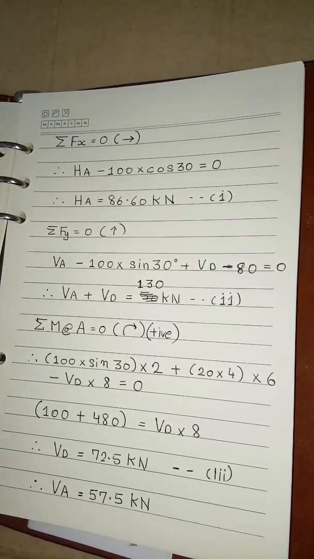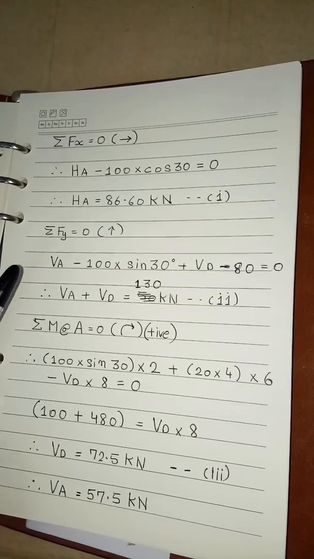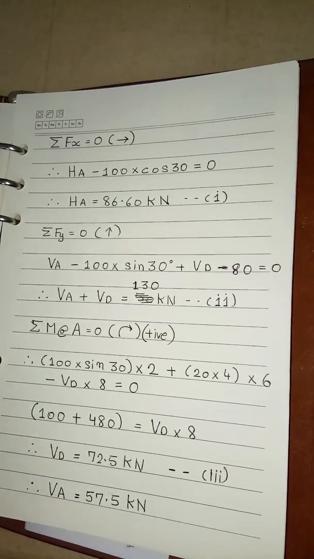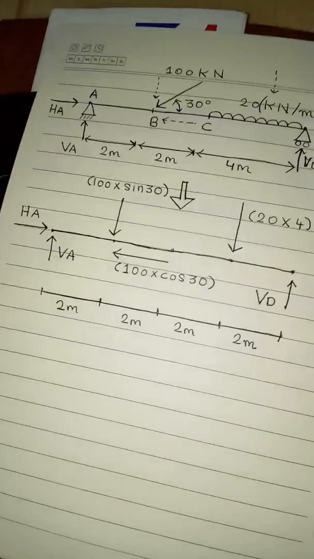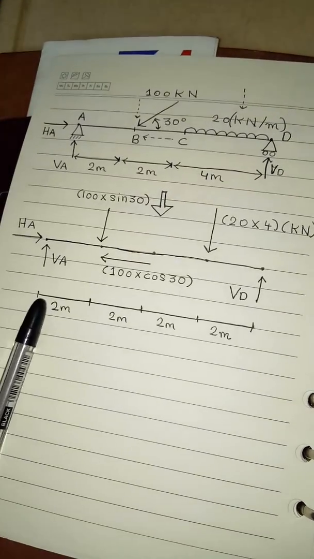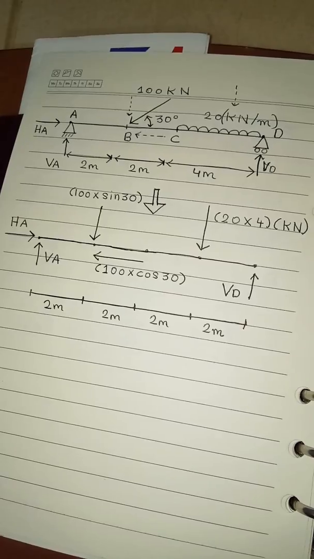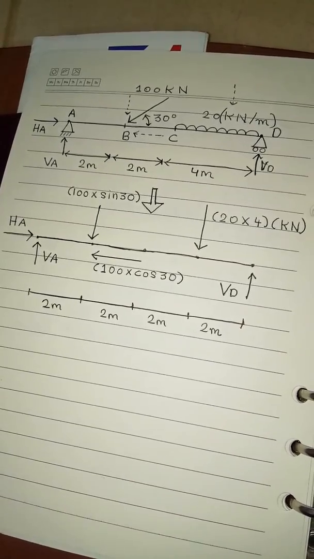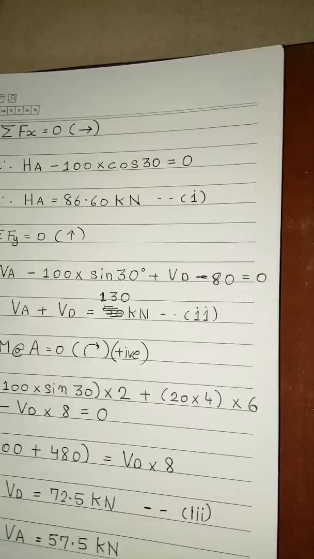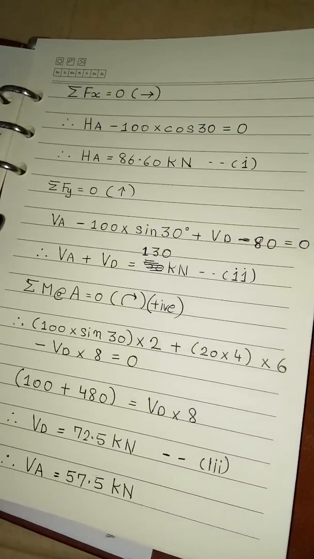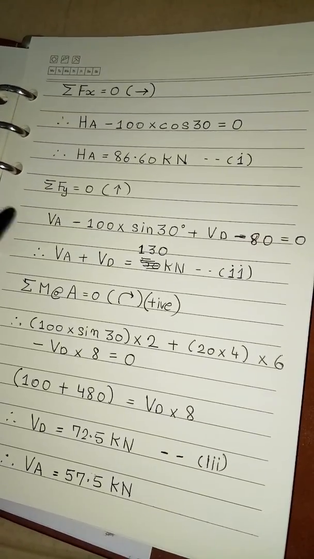Now coming back to the next reactions, which are VA and VD. Let us analyze the problem. You can see that here VA and VD, both are vertical reactions. So after summation Fx equal to 0, I'll focus on the next condition, that is summation Fy equal to 0.